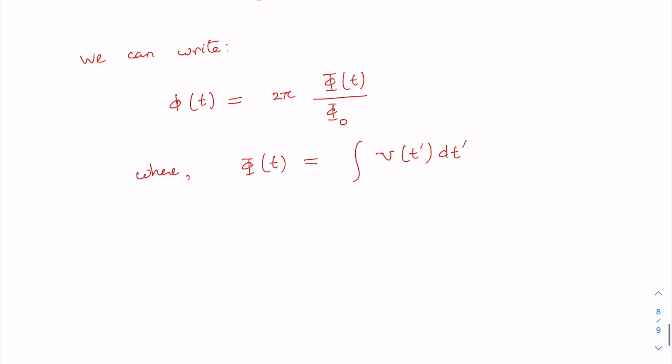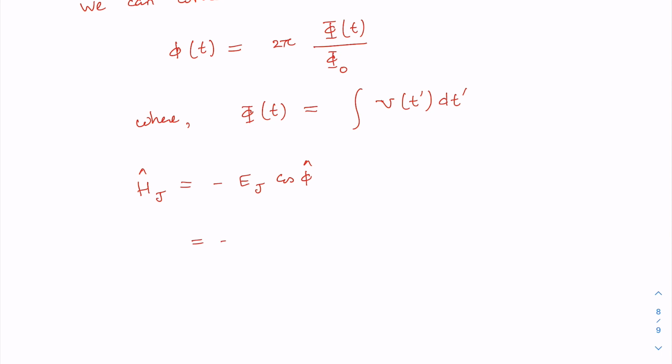So we can write the Hamiltonian minus Ej cos phi cap, which is now an operator, as minus Ej cos of 2 pi times the flux operator phi cap by phi 0.